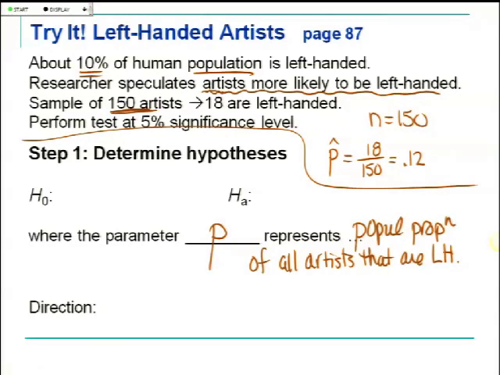Being an artist makes no difference, has no effect. So what should that rate of left-handedness for the artist population be? If there really was no difference from the general population, it should still be 10%. The researcher's theory or claim is that that rate would be higher, more likely. And we're doing a one-sided test.